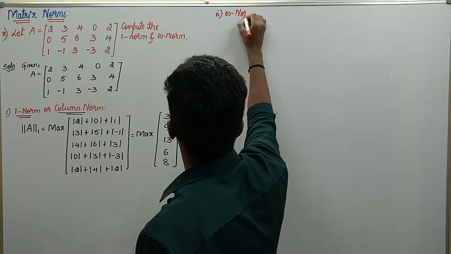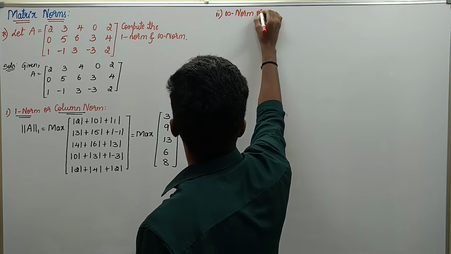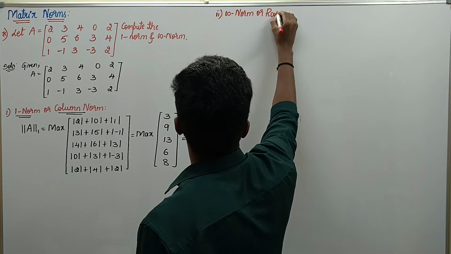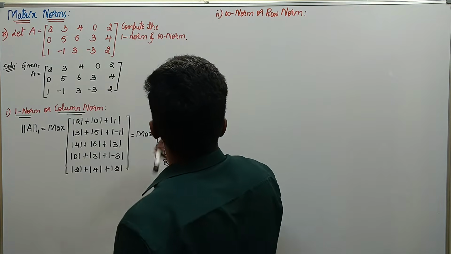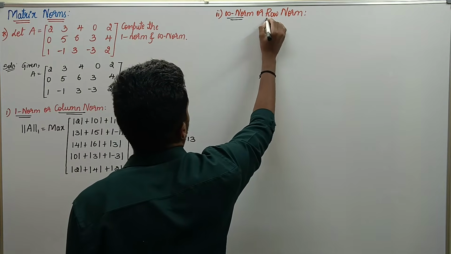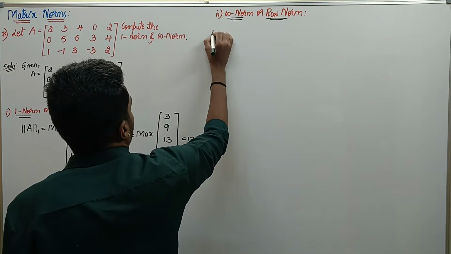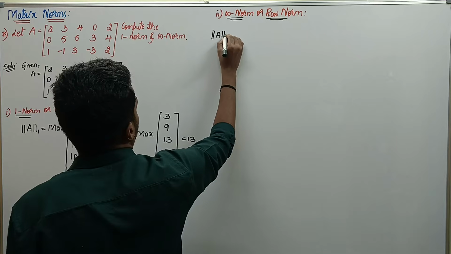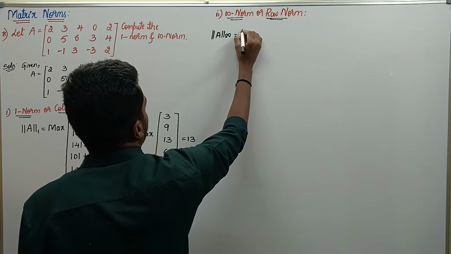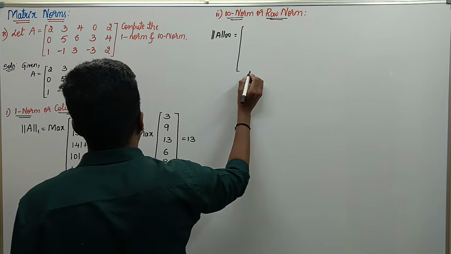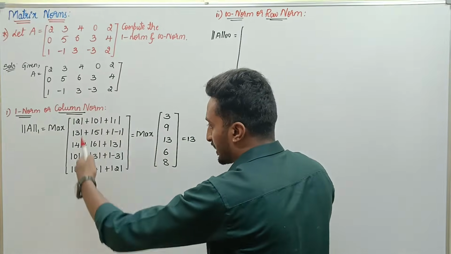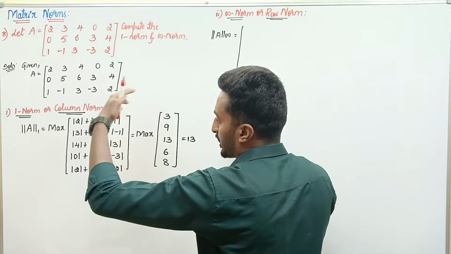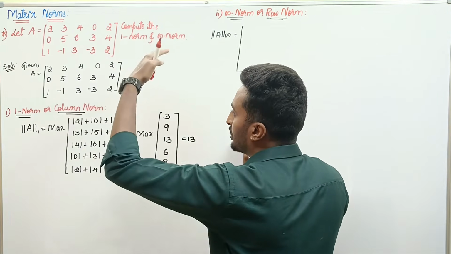Infinity norm or row norm, both are the same. Norm A infinity is equal to the maximum of the matrix row sums. Now you are supposed to add row wise. In the column norm you added column wise, but now you are supposed to add row wise.